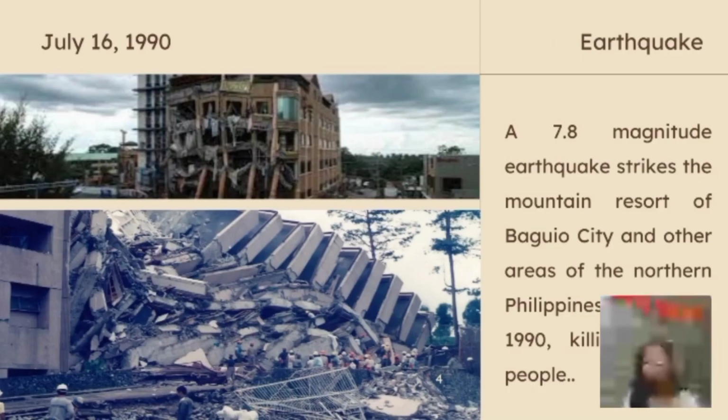Next is the earthquake that happened on July 16, 1990. A 7.8 magnitude earthquake struck the mountain resort of Baguio City and other areas of the northern Philippines on July 16, 1990, killing 1,621 people.